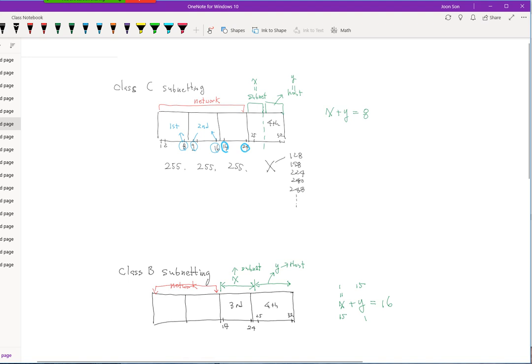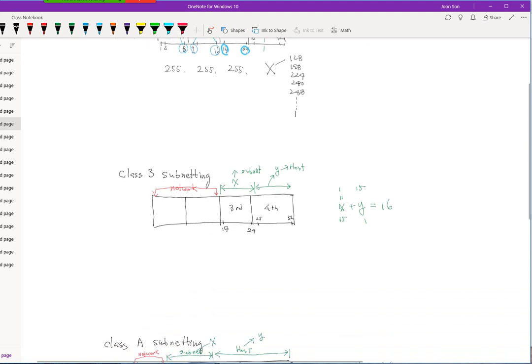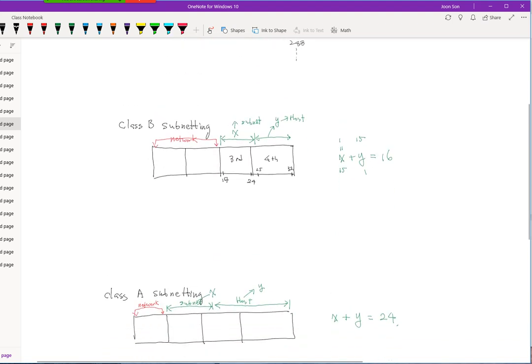But if you look at class B subnetting, it's going to be different. Class B subnetting is going to be 255.255. Okay? But sometimes it could be X. Okay, I don't want to call this X, so maybe I should use different notation.